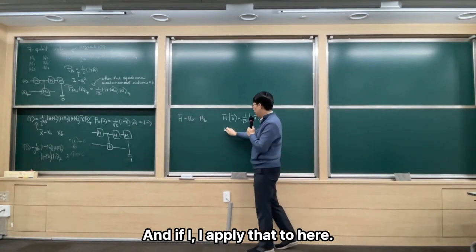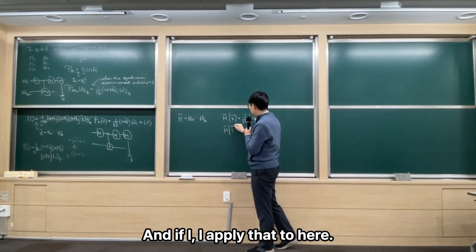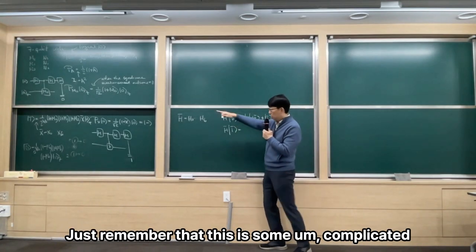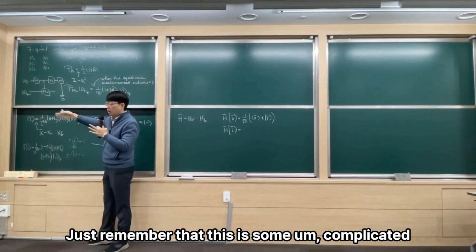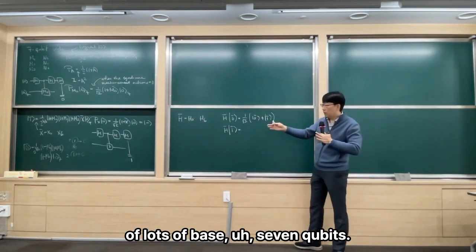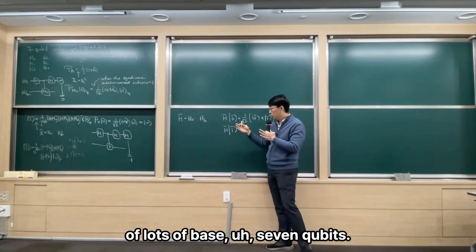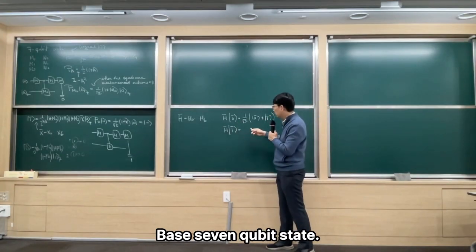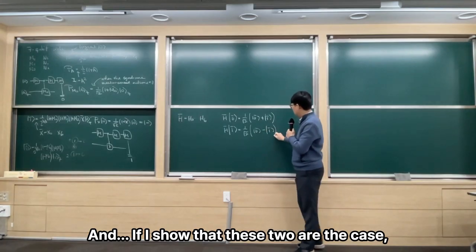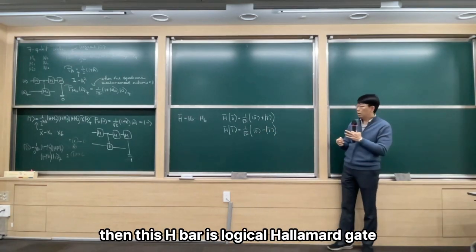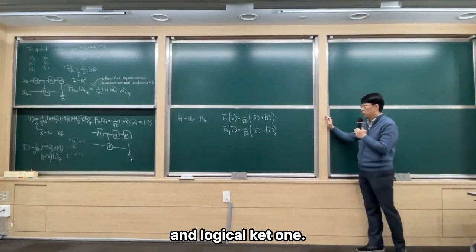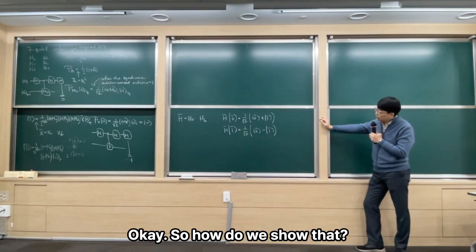And if I apply that to here, so this is not 1, 1, 1, 1, and this is not 0, 0, 0, 0. So just remember that this is some complicated, maybe entangled state, consisting of lots of base 7-qubit states. And if I show that these two are the case, then this H bar is the logical Hadamard gate acting on these two, logical cat 0 and logical cat 1. Okay? So how do we show that?